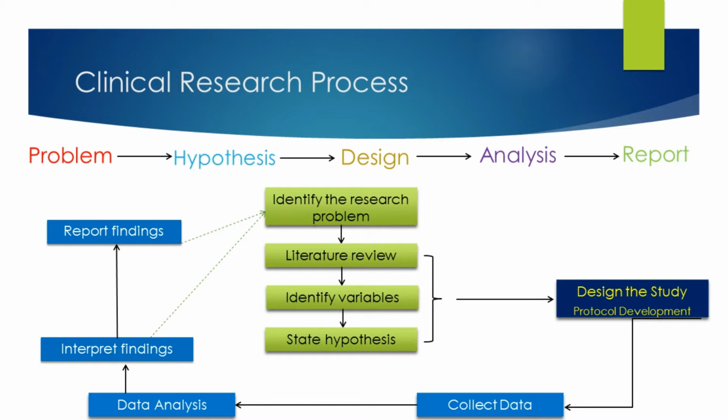So on the previous slide, I showed you the importance of the research hypothesis, because that's where you make a shift from research idea to research hypothesis development, and that is a vital and important key component for designing your clinical research. So here we see, on the top, the research problem.